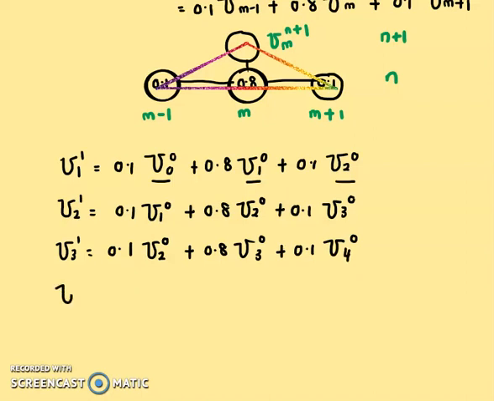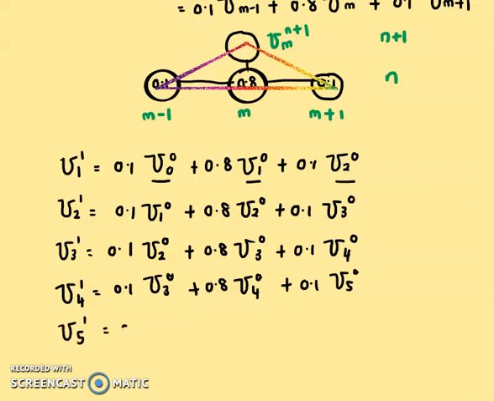Okay, so I can also find u41, which is 0.1 u30 plus 0.8 u40 plus 0.1 u50. Now u51 is 0.1 u40 plus 0.8 u50 plus 0.1 u60.